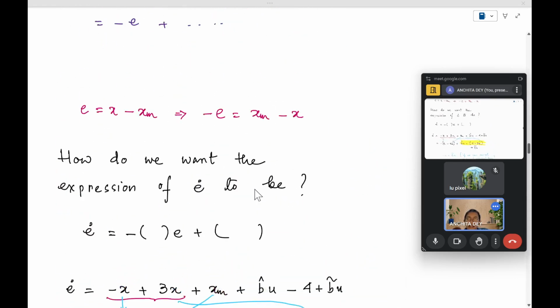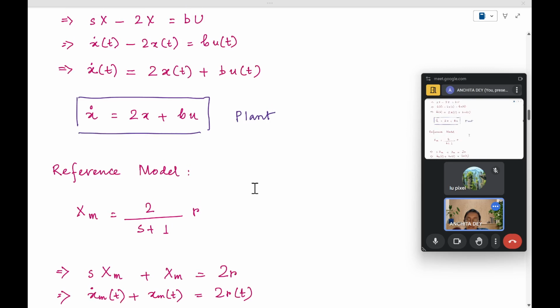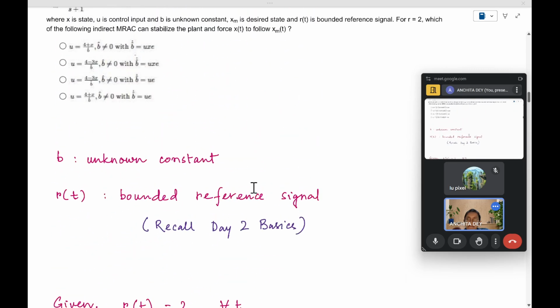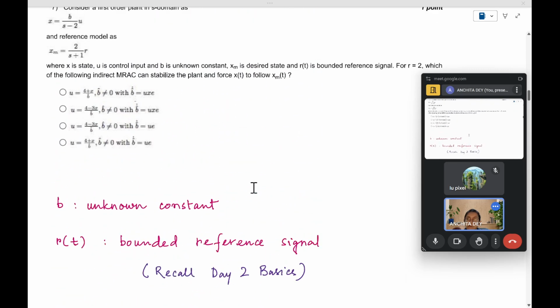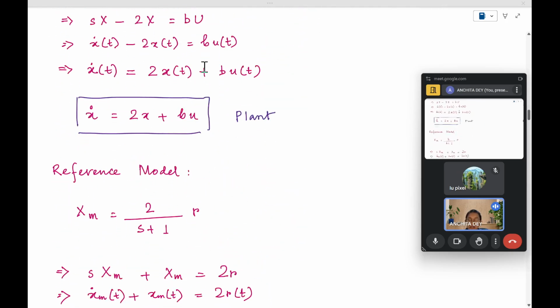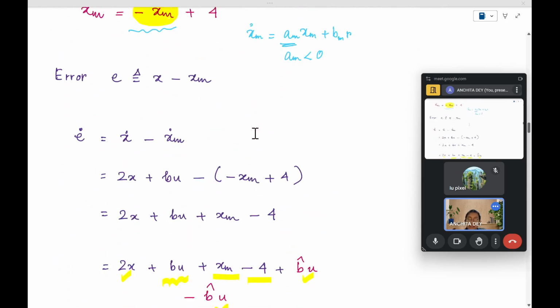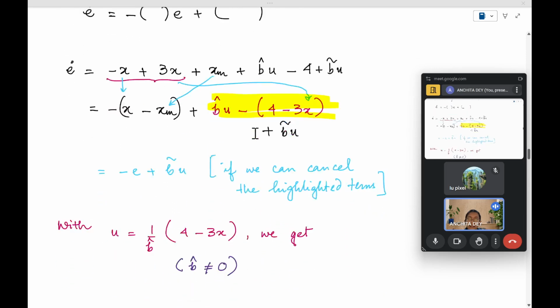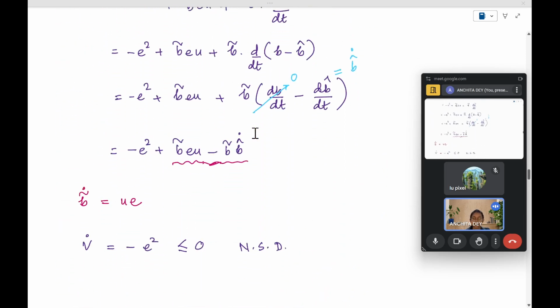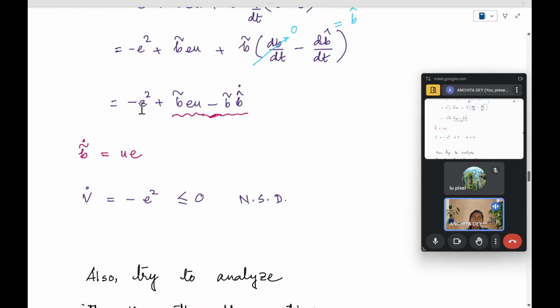I think it's a non-autonomous system. Yeah, it's an unknown constant. So you can go on with LaSalle's invariance principle analysis to come up with the remaining stability analysis. But at least what we want is that this should be at least negative semi-definite.